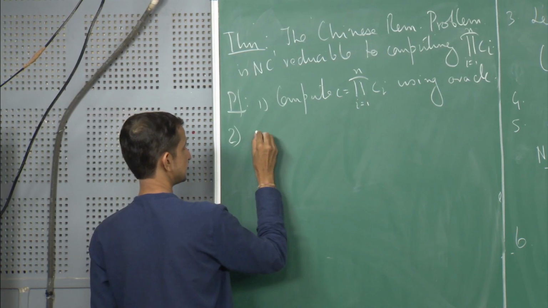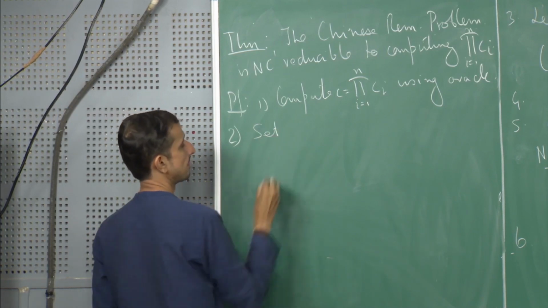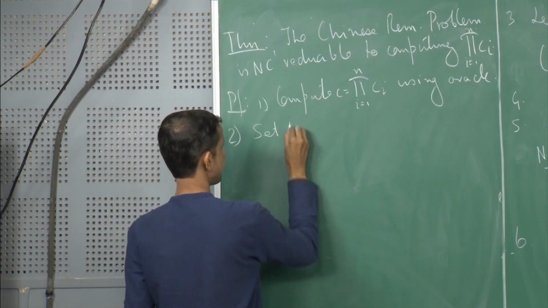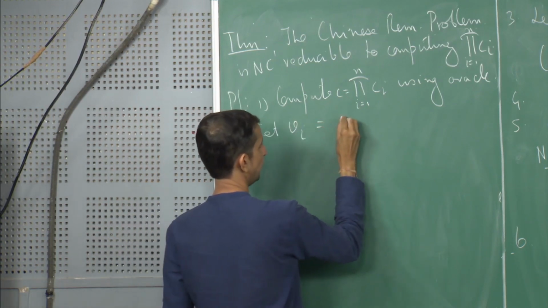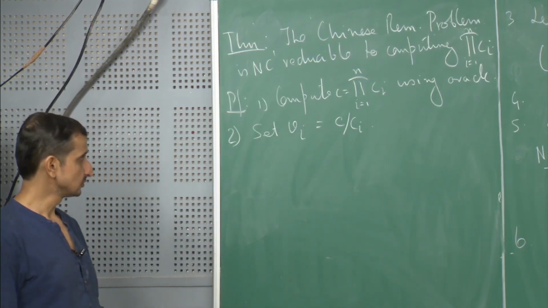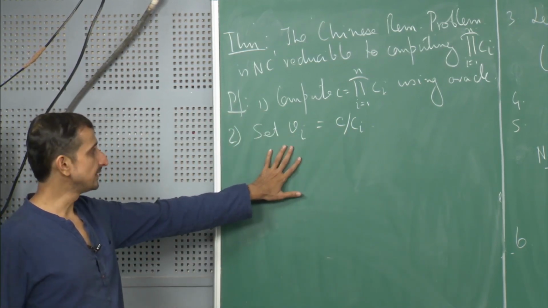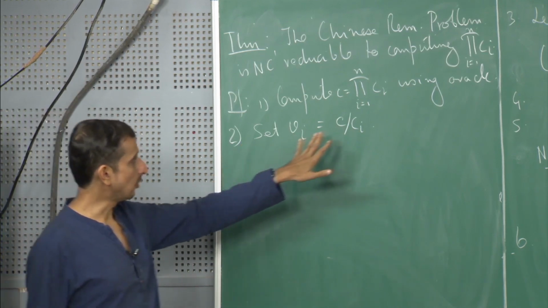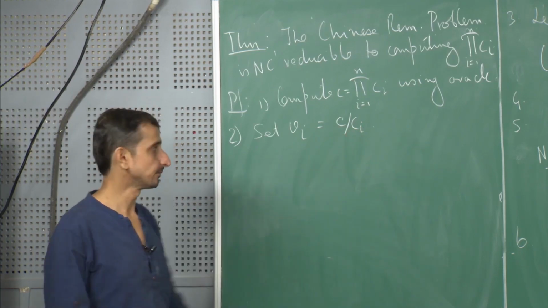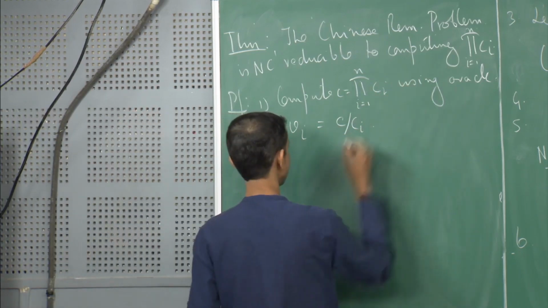So set Vi as equal to C by Ci. Okay. So what is Vi now? Vi is basically the product of all the Cj's other than i.